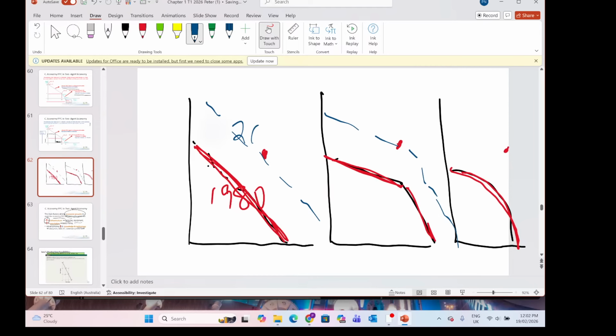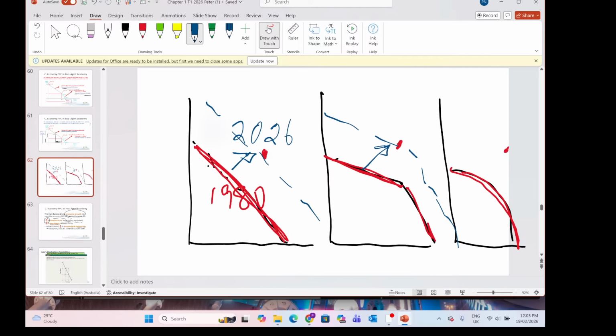Between 1980 and 2016, its curve is moving out because it's not only got more resources, particularly it's got better resources, more high-tech resources to produce more goods and services. So this is what we mean when we say economic growth. But we don't really get into the topic of economic growth in Micro 1. If you move on and do macroeconomics, you spend quite some time on economic growth.